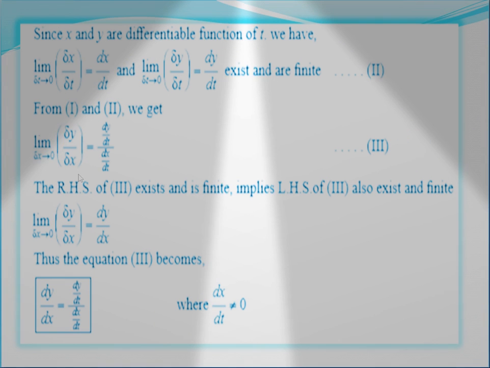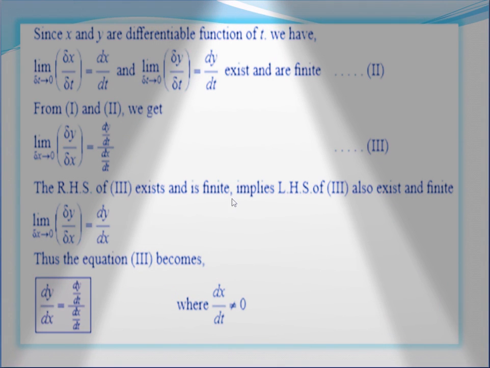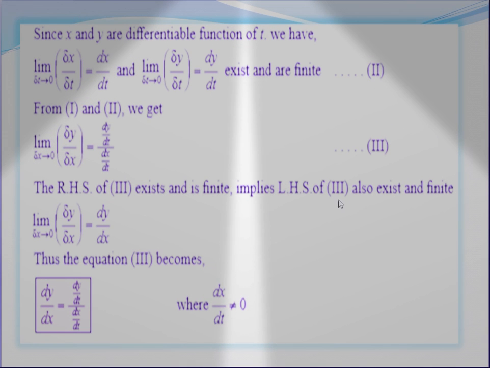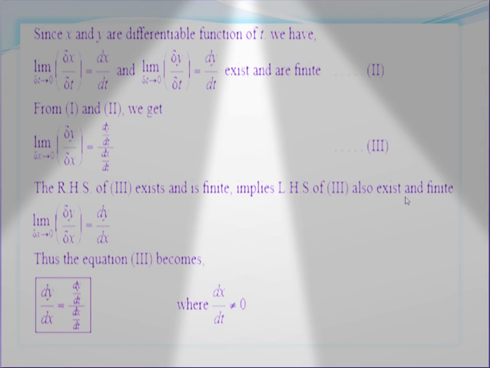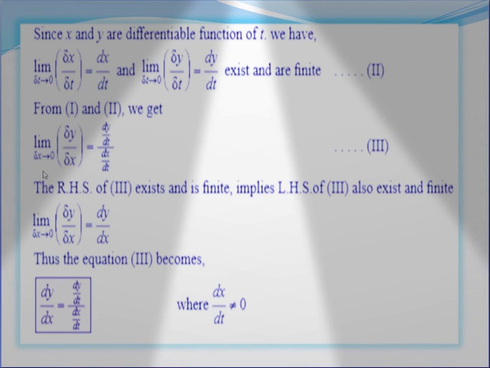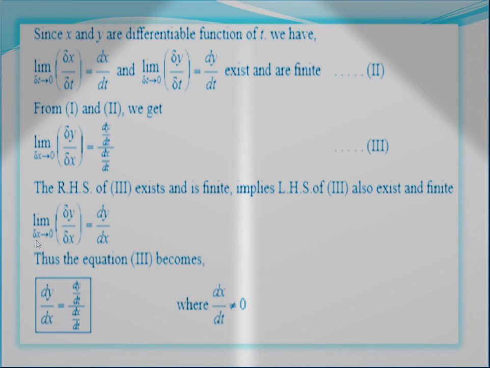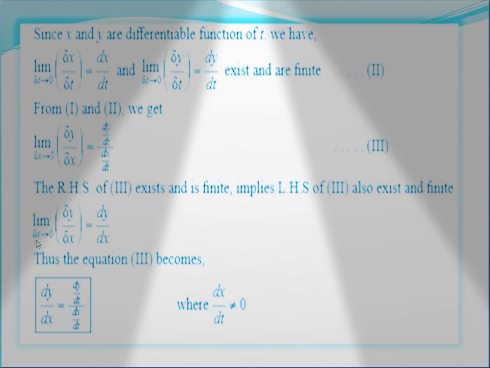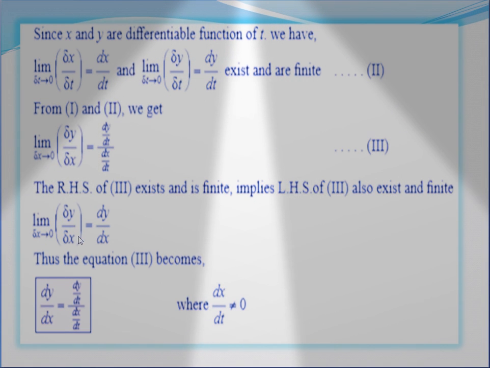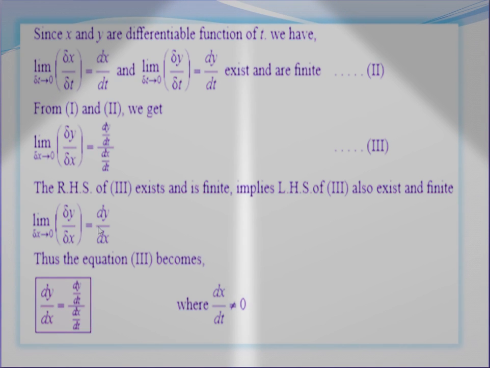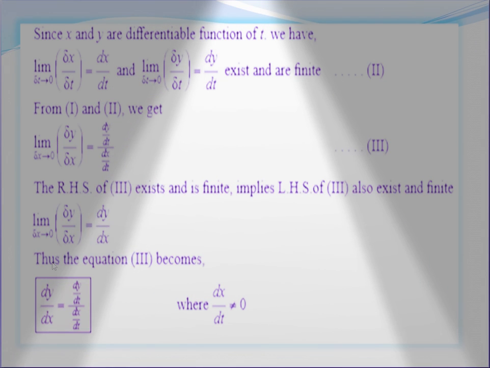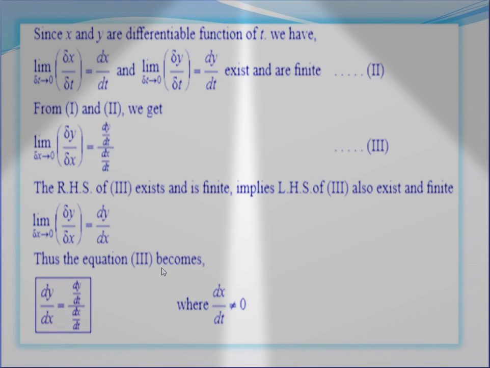The RHS of equation third exists and is finite. This implies that the LHS of equation third also exists and is finite, and limit delta x tends to 0 of delta y upon delta x is equal to dy upon dx. Put this value in equation number third.